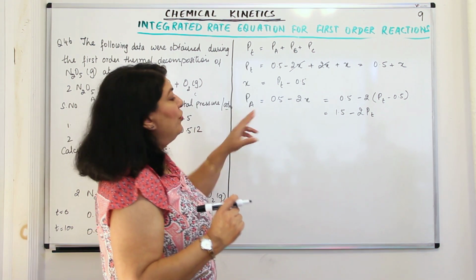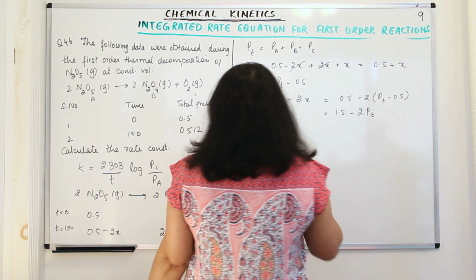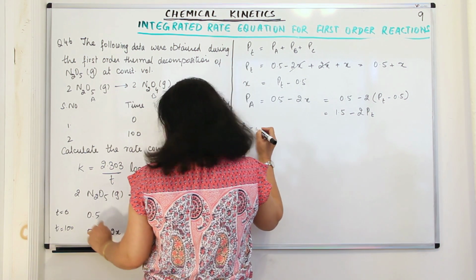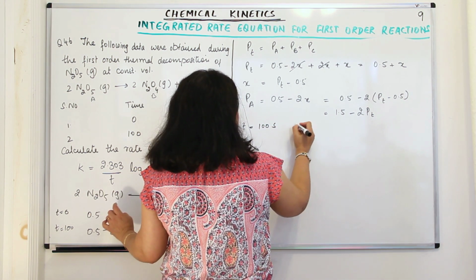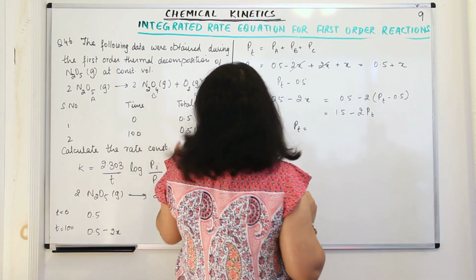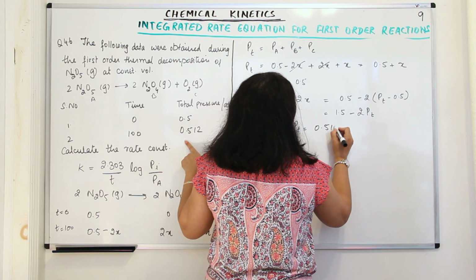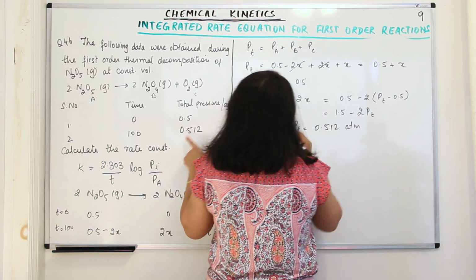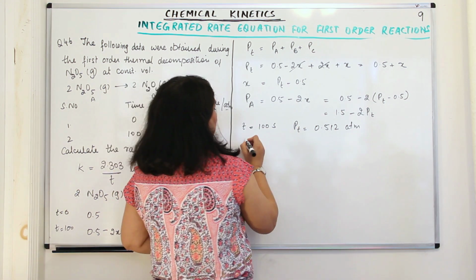Now this is the value of PA. And what is P total that we have? Time t that we are given is equal to 100 seconds. 100 minus 0 is 100 seconds. And PT is given to us, which is equal to 0.512 atmospheres.